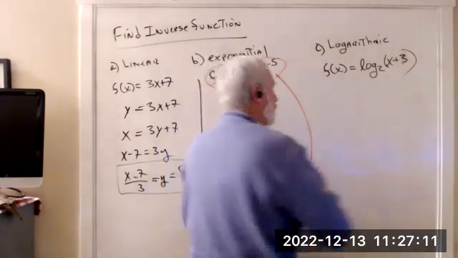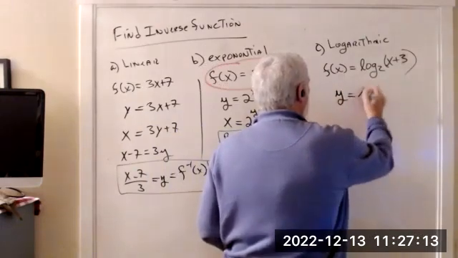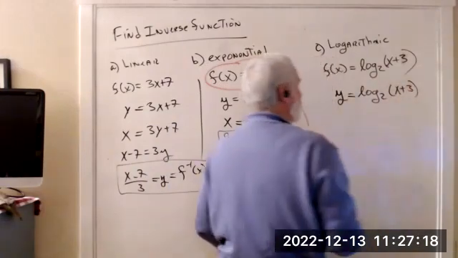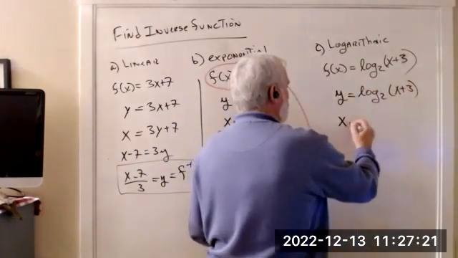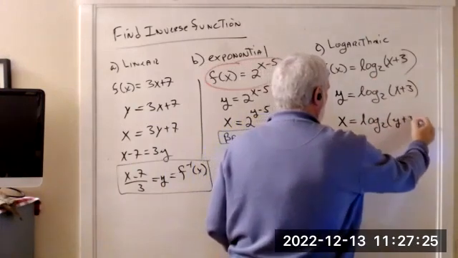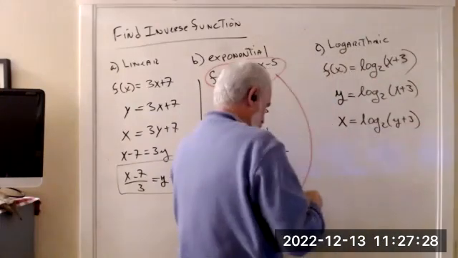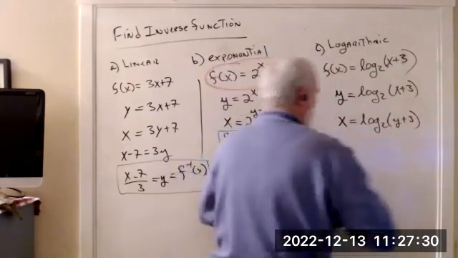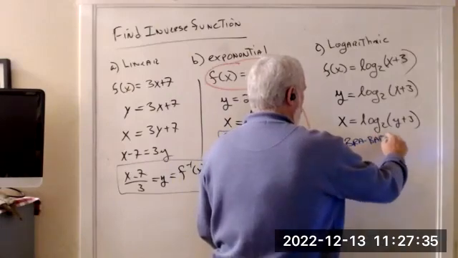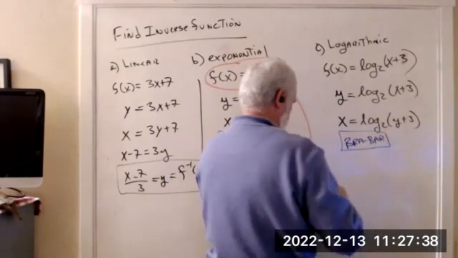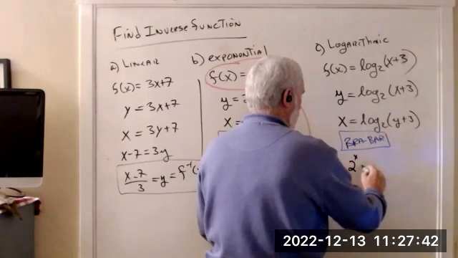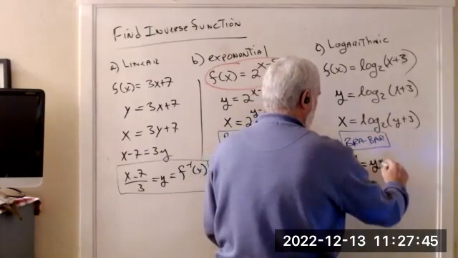So here we go. This is going to be y equals log base 2 of x plus 3. Swap it: x equals log base 2 of y plus 3. In this case, there's no easy way, we have to use the Bra-Bar rule. So that would be 2 to the x equals y plus 3.